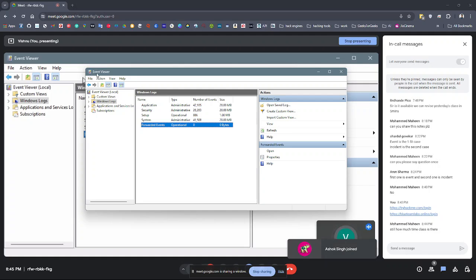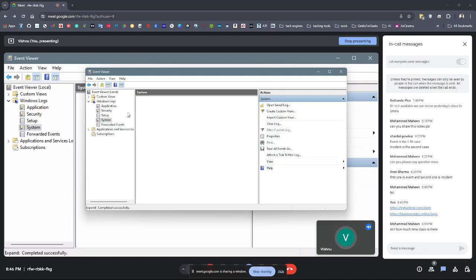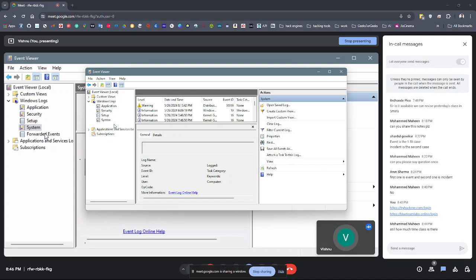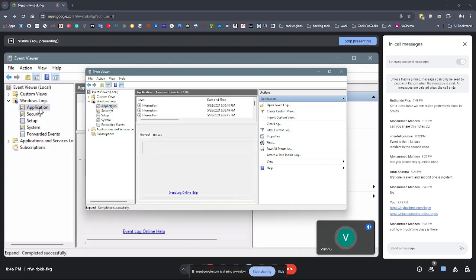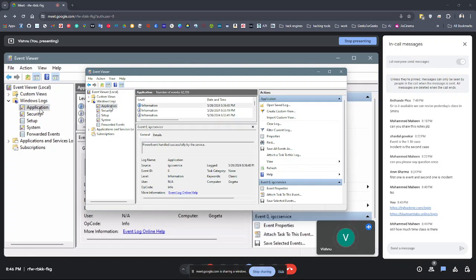I am in my Event Viewer, as you can see, and in Windows Logs. All the application related logs come here, all the security related logs come here, all the setup related logs, system related logs, and forwarded events come here. So tell me where I can find the firewall related logs.